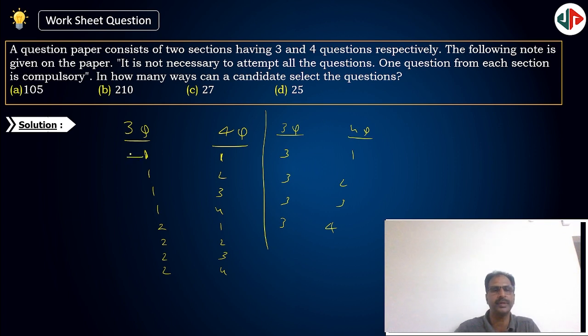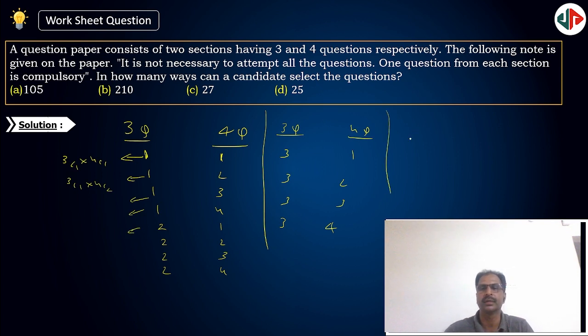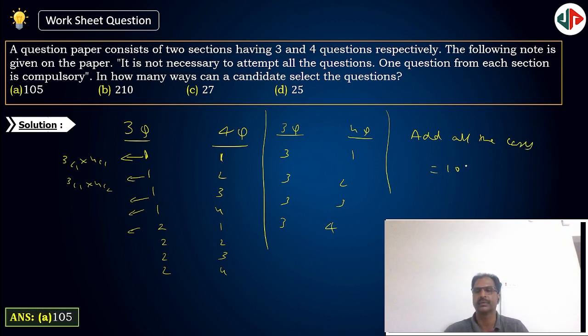First selection can be made in how many ways? 3C1 into 4C1. Like that, second selection 3C1 into 4C2. Like that, write all the possible selections and then add all the cases, and you'll get the answer as 105.